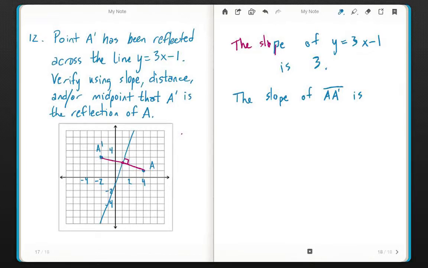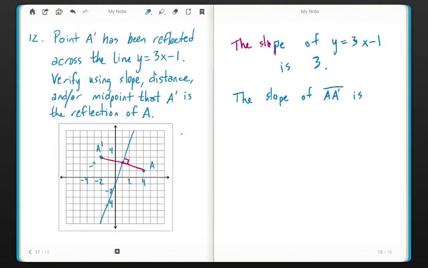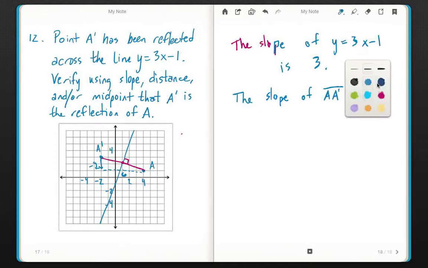So to get from the reflection of A to A itself, we are going down 2, so I'm going to write that as negative 2. And we were coming across 6. So if we think about slope, rise over run, change in y over change in x, that would mean that we have a slope of negative 2 over 6, or that reduces down to negative 1/3.